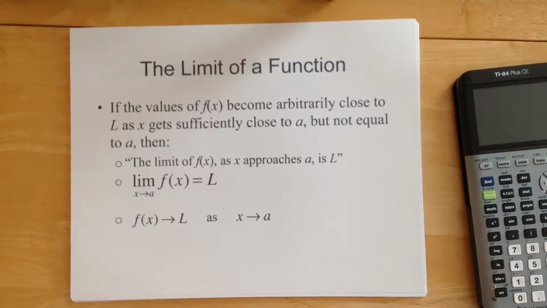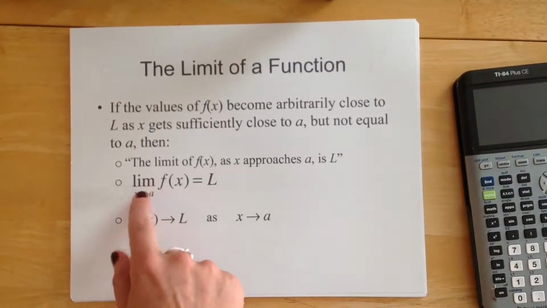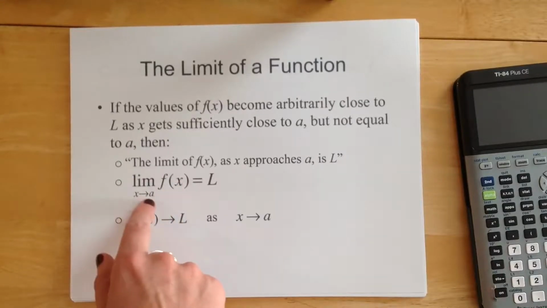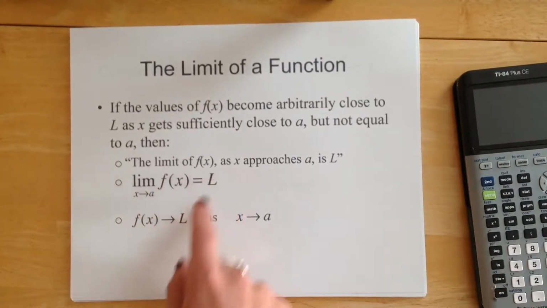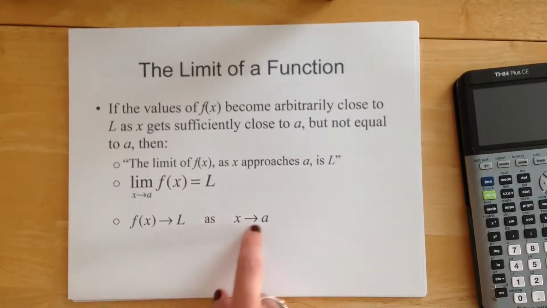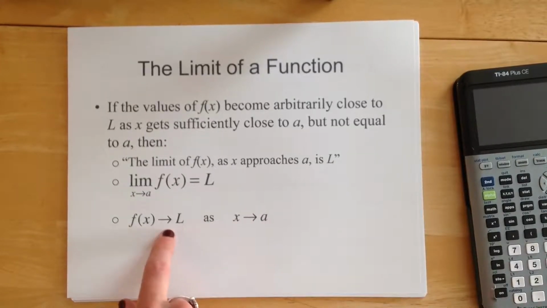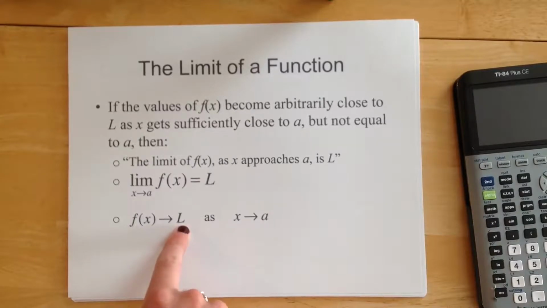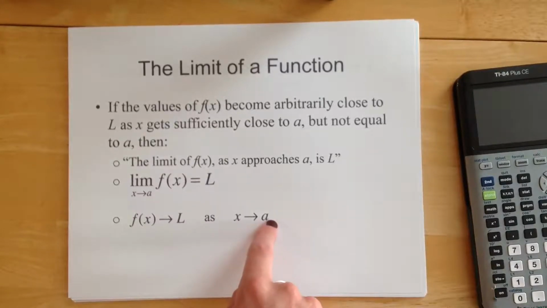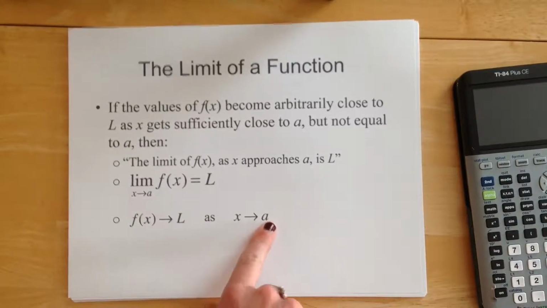The limit of f of x as x approaches a is L. This reads, the limit of f of x as x approaches a is equal to L. And I showed you this last week, where the arrows mean approaching. So f of x approaches L, which is just a number, as x approaches a.